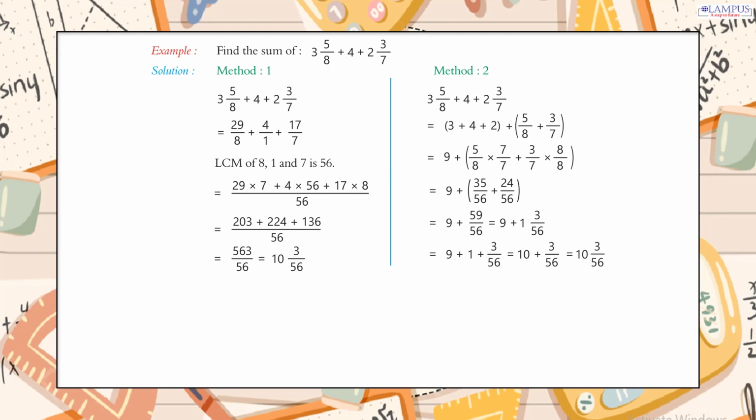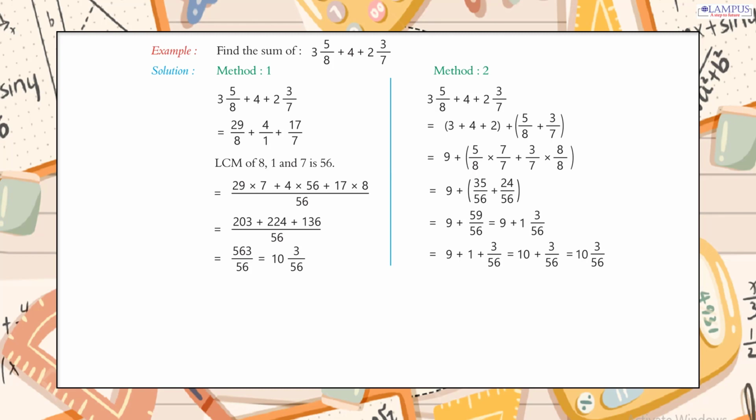Example. Find the sum of 3 and 5 by 8 plus 4 plus 2 and 3 by 7. Solution. Method 1. 3 and 5 by 8 plus 4 plus 2 and 3 by 7 equals 29 by 8 plus 4 plus 17 by 7.